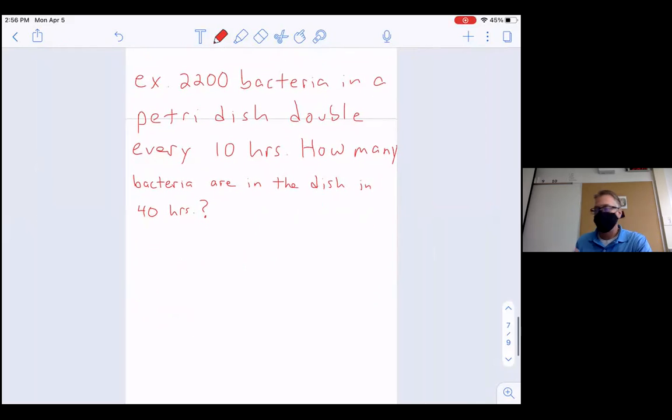All right, so we know it's a doubling problem, so we want to find our final amount, given our initial amount, which was 2,200 times 2 to the, oh, I'm sorry, 40 over 10, not 10 over 40. 40 is the time and 10 is the doubling time.